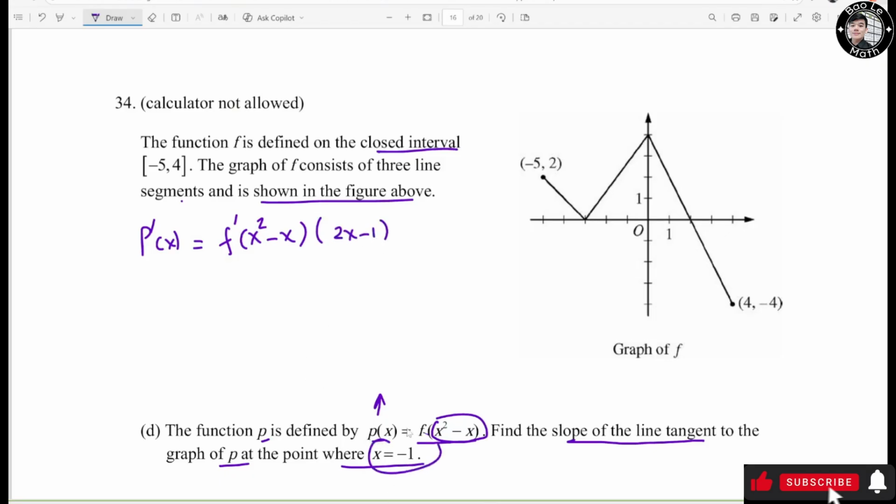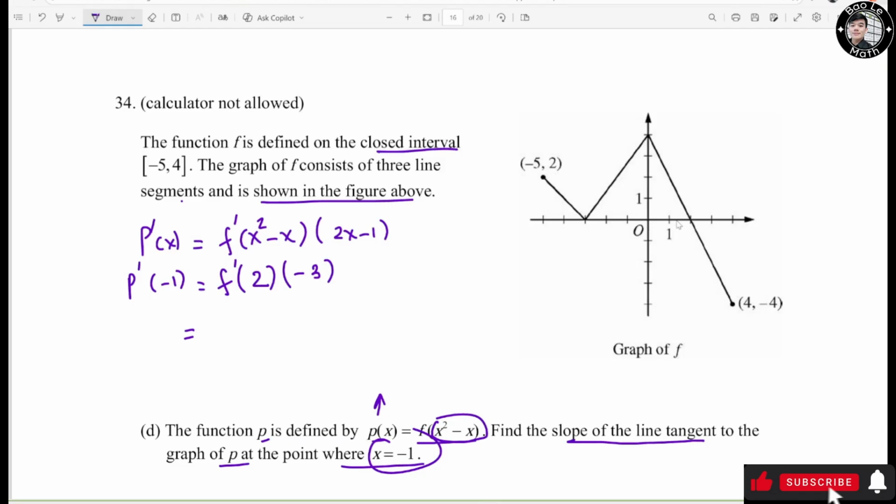Now substitute negative 1 for s, so we have p prime of negative 1 equals f prime of negative 1 squared, which is 1, minus negative 1, which is 1, so it's 2, times 2 times negative 1, which is negative 2, minus 1, which is negative 3. Now f prime of 2, look at this one right here.